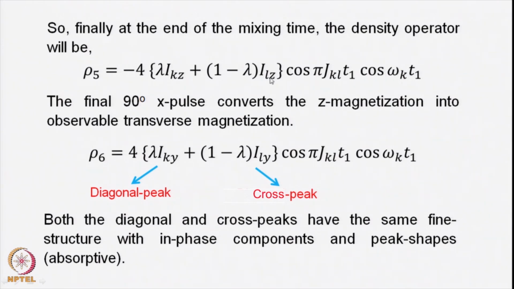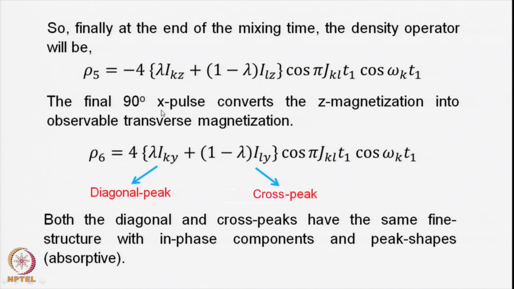Although this is Lz here, it is modulated by cosine omega k t1 and cosine pi J kL t1. So along the F1 dimension it will appear at the frequency of omega k, and therefore this is the K magnetization. Now, for the last 90 degree pulse, both these are not observable, right, the Z magnetization is not observable.